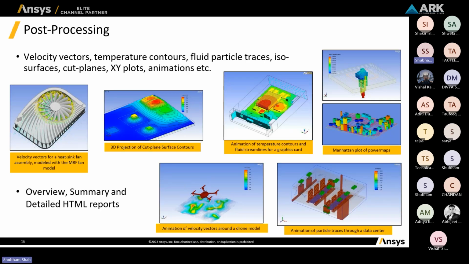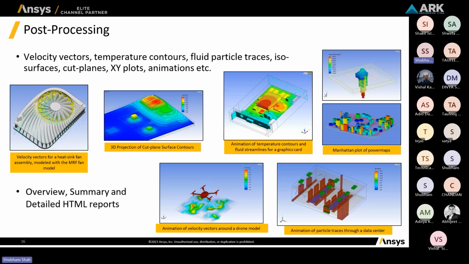Coming towards the post-processing part, what are the different capabilities and things we can do in post-processing? When we talk about post-processing, it generally comes to mind that we'll be seeing colorful contours. That is not all.